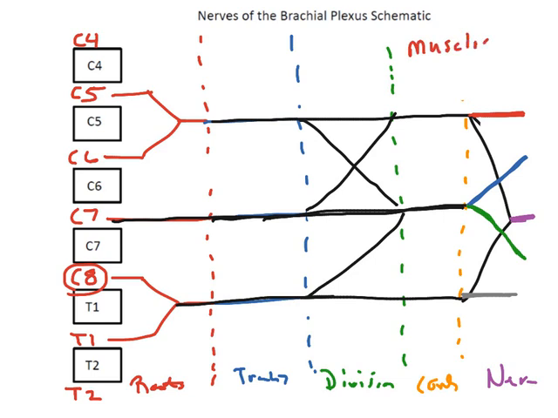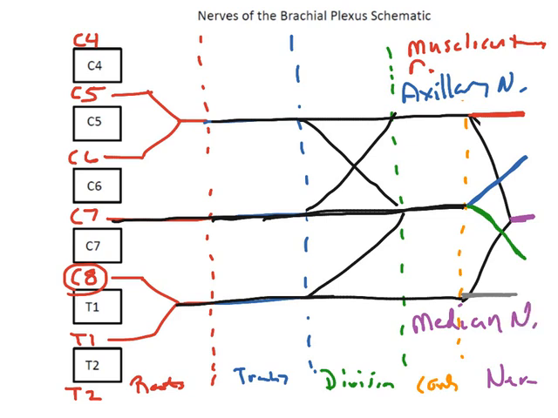Musculocutaneous nerve, axillary nerve, median nerve, radial nerve, and then lastly in gray, the ulnar nerve.